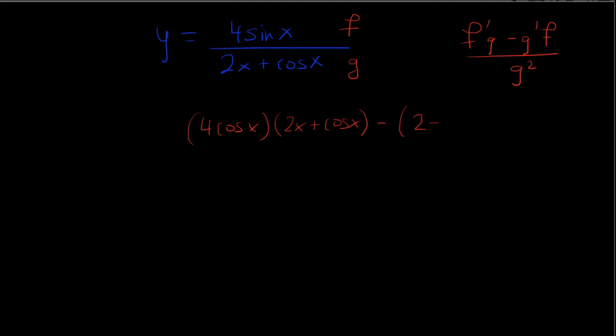minus sine x. Here we have to be very careful to factor out the g prime. So this negative will distribute to both terms of g prime.